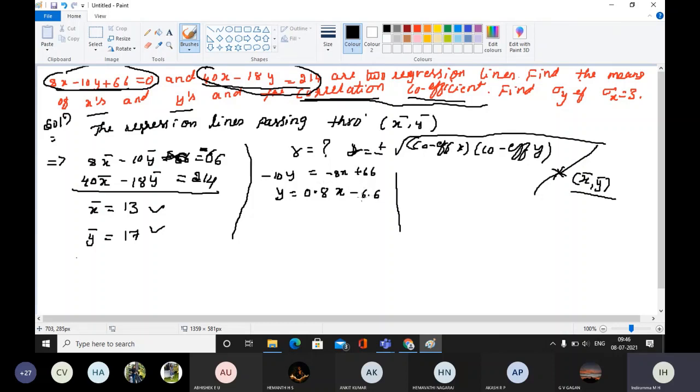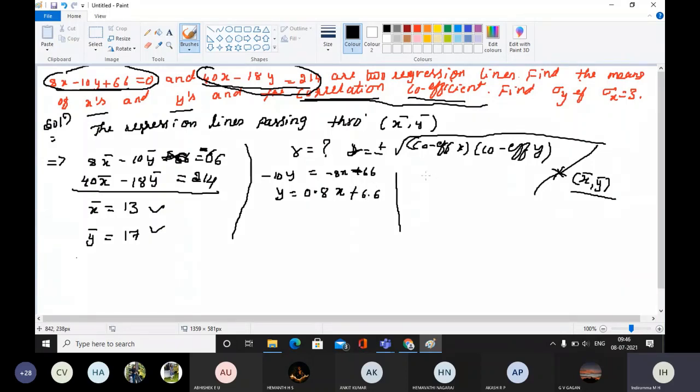Is it right? Actually it is minus only, right? If you take plus 66 to the RHS, it becomes minus 66. Minus 66 by minus 10 is plus 6.6.